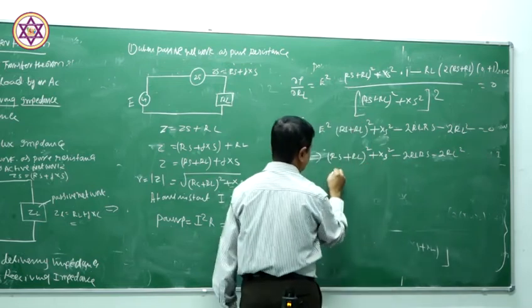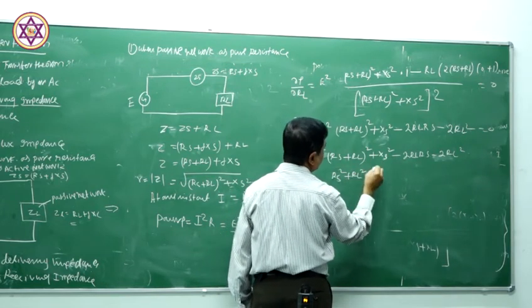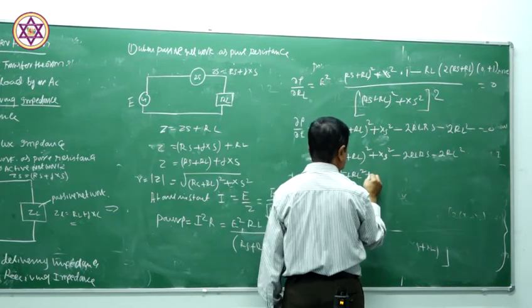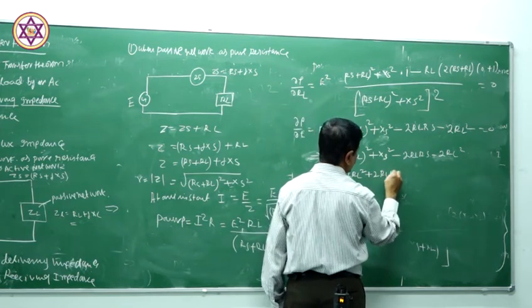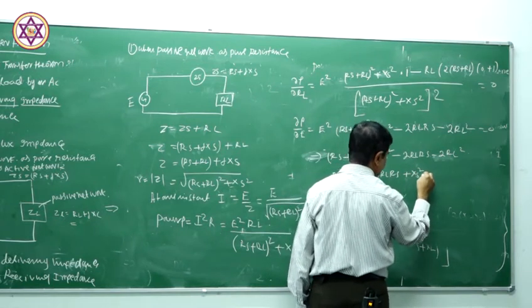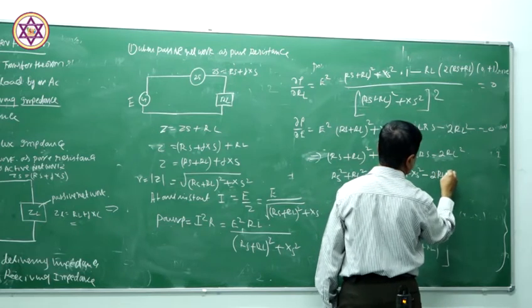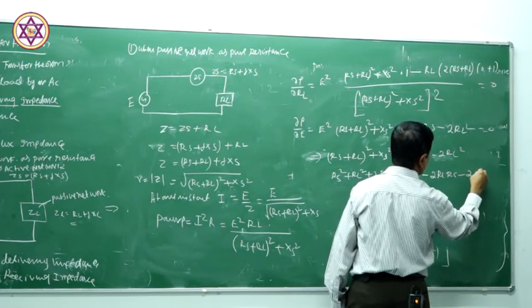Expanding this as RS square plus RL squared plus 2 RL RS plus XS squared minus 2 RL RS minus 2 RL square.